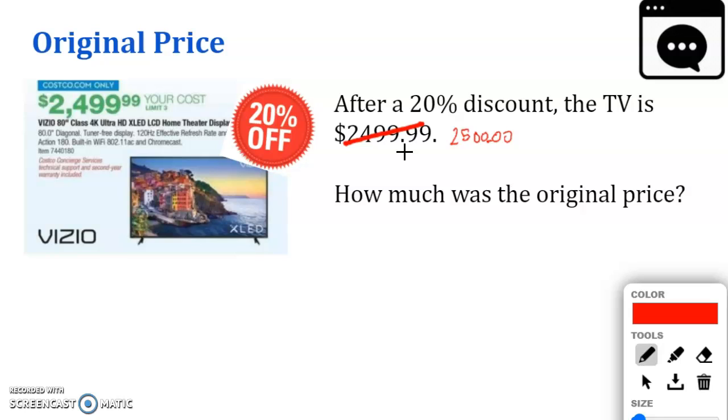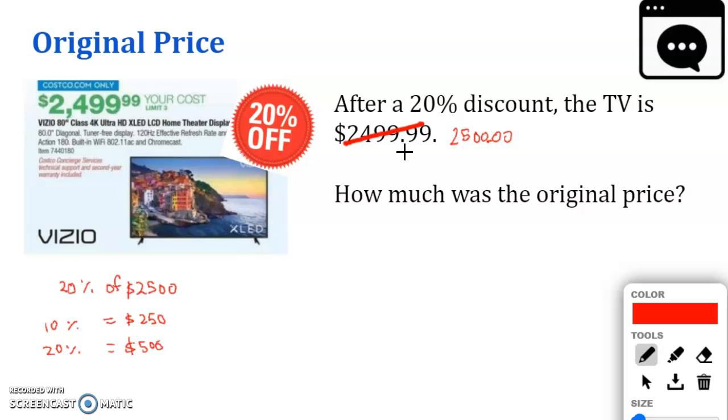You might be thinking, okay, I'm just going to calculate the 20% of 2,500. Maybe you know how to calculate 20% of 2,500 from all the exercises that we've been doing. I know that 10% is going to be 250, so 20% is going to be 500.